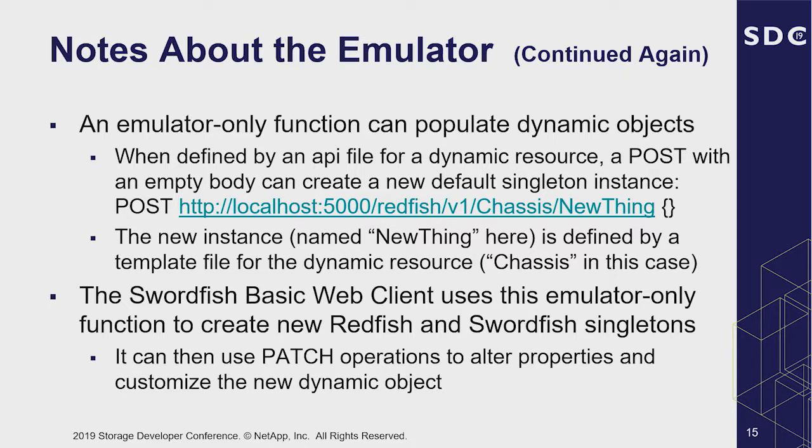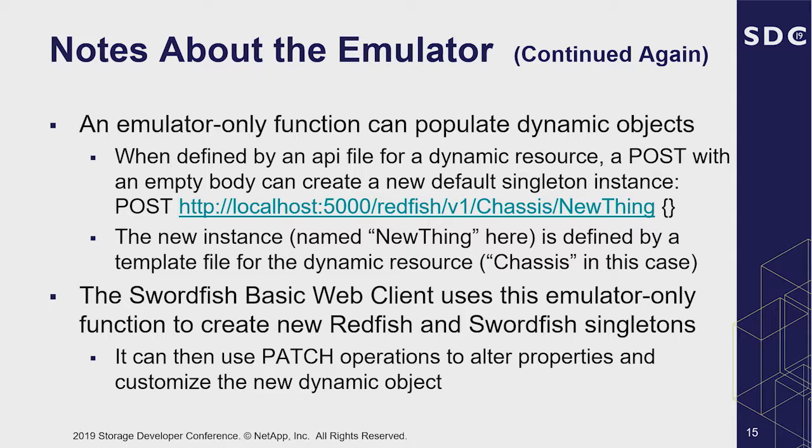And the way it does that is that dynamic objects in the emulator have what are called template files. And a template file is a copy of a new object where when the new object needs to be created, the emulator pulls in a copy, and then it's got certain ways that it will replace certain fields in that new copy. And then it puts that out there as a dynamic object you can work with from that point on.